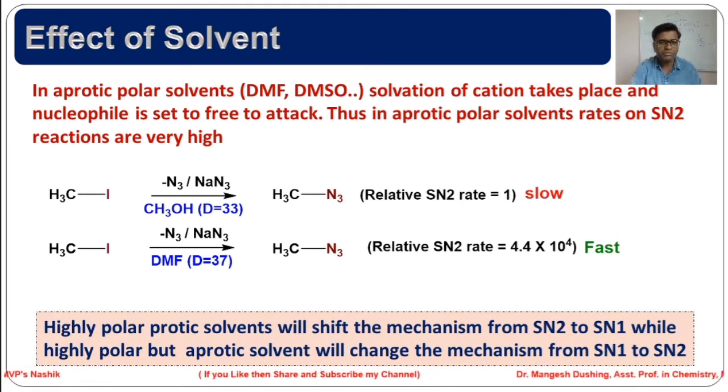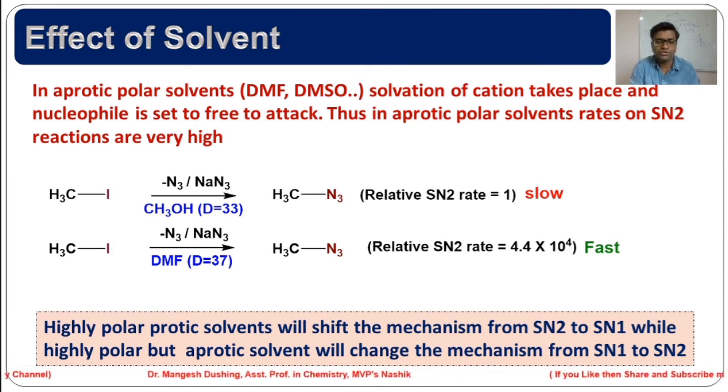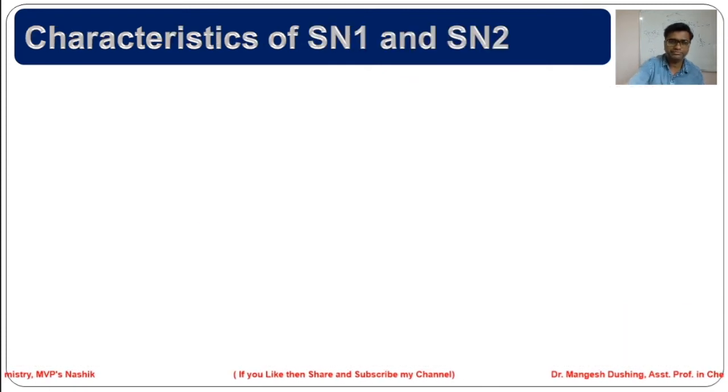So, highly polar protic solvents will shift the mechanism from SN2 to SN1, while highly polar but aprotic solvents will change the mechanism from SN1 to SN2 reaction. So, polar protic solvents increase the rate of SN1 reaction, while polar aprotic solvents increase the rate of SN2 reactions.